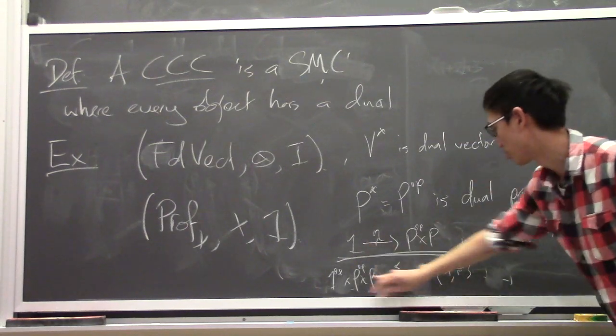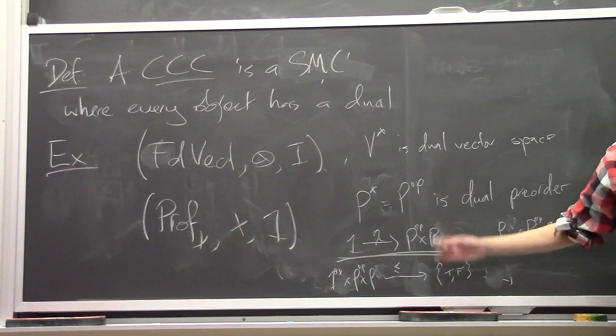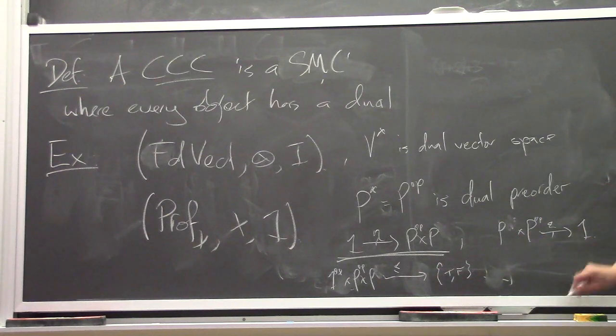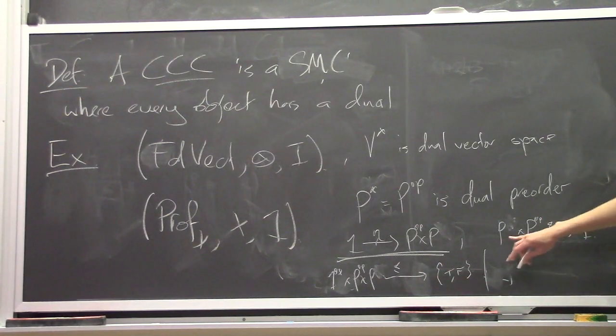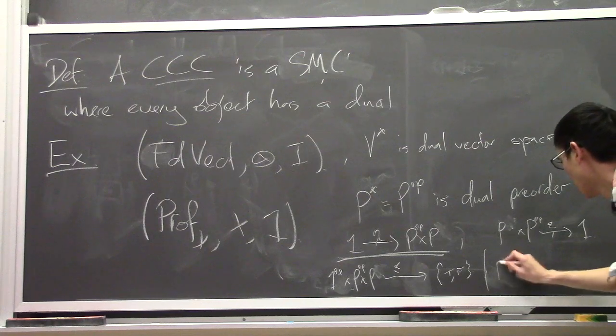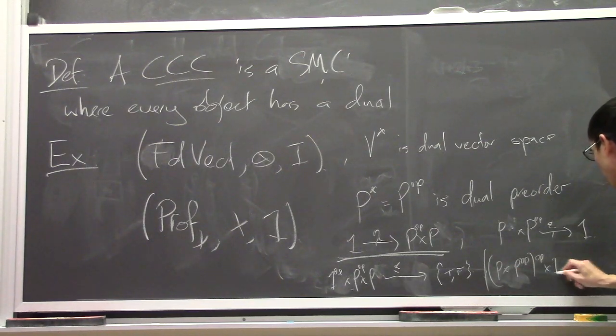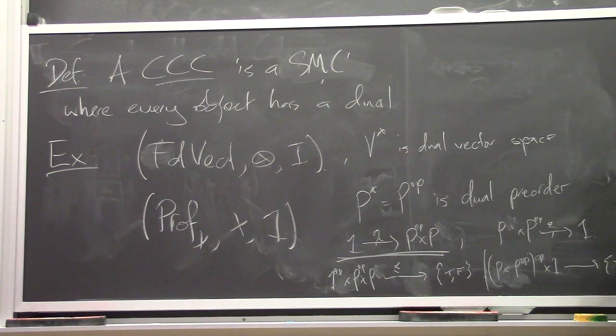Given a pair, let's call them p and q, you return true if p is less than q and false if it's not. Similarly, a profunctor from P times P op to 1 is the same as a functor from P times P op times 1 to true, false, and we can also use this same less than order.